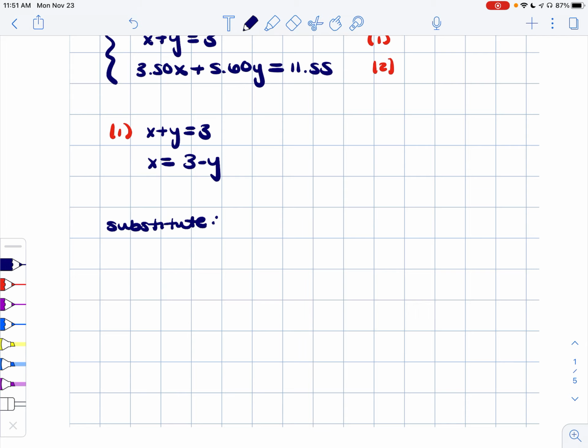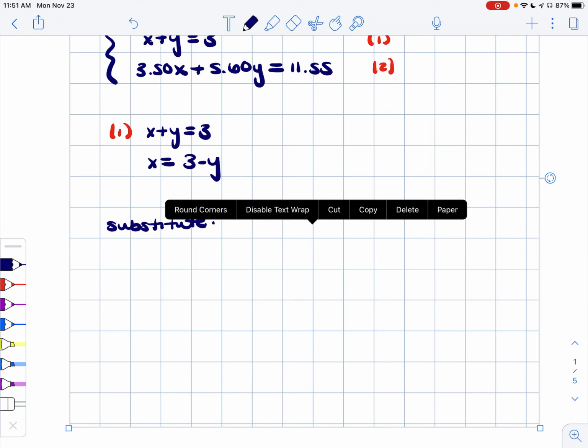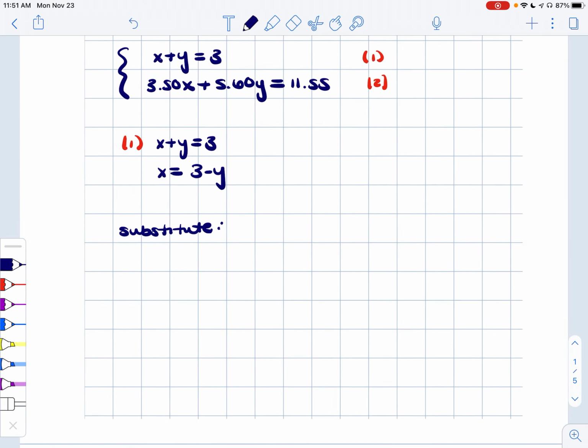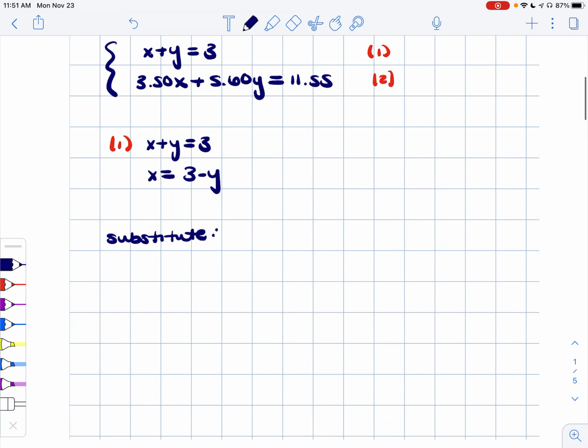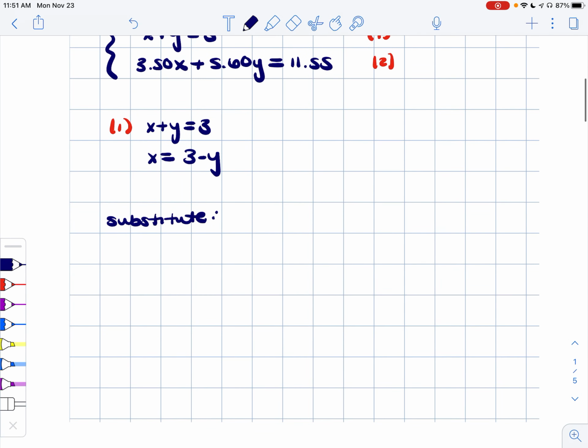And we always have to substitute it back into the other equation. So we would get 350, and then in place of our x, we're going to plug in 3 minus y plus 560y equals 1155.